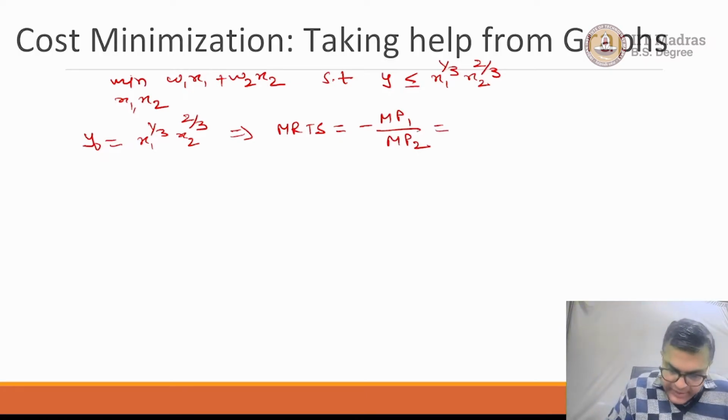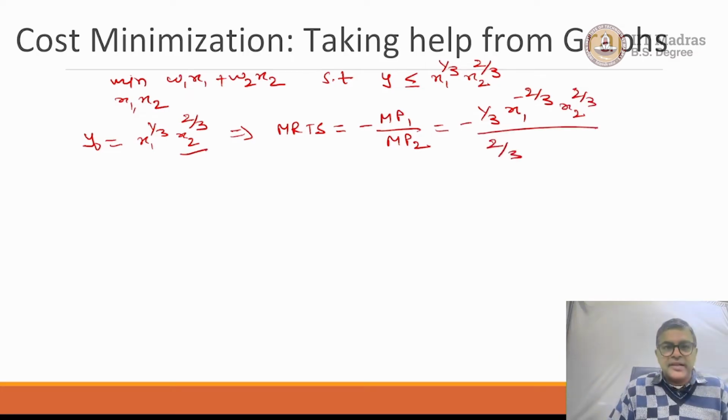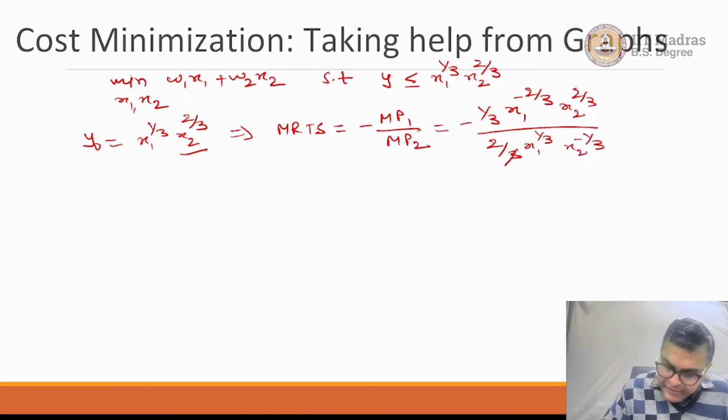MP1 is nothing but 1 by 3 x1 to the power minus 2 by 3 x2 to the power 2 by 3, divided by 2 by 3, because now we are differentiating with respect to x2 while keeping x1 fixed. This is going to be 2. This will get cancelled. So this is equal to minus x2 by 2x1.